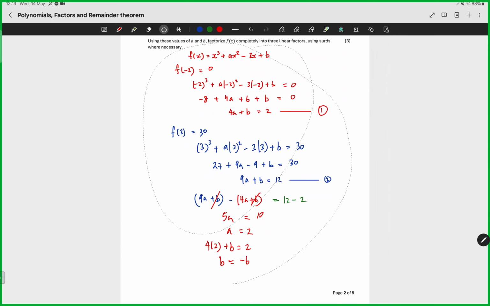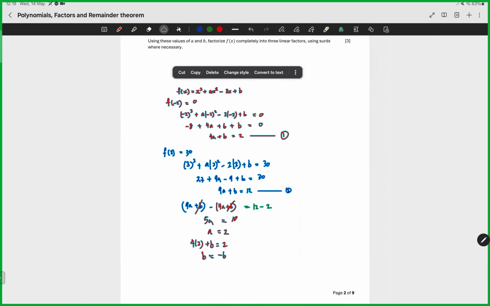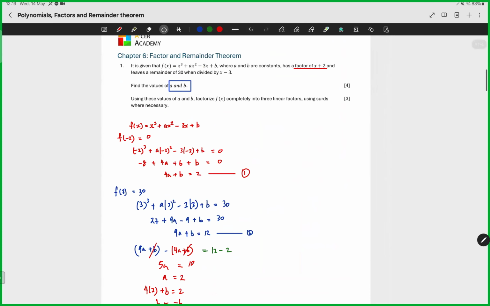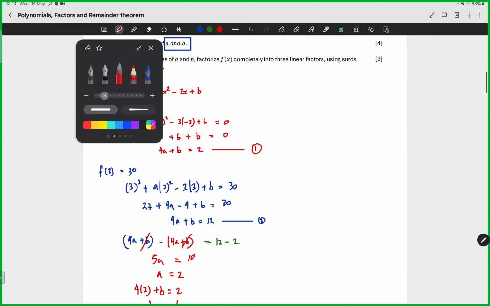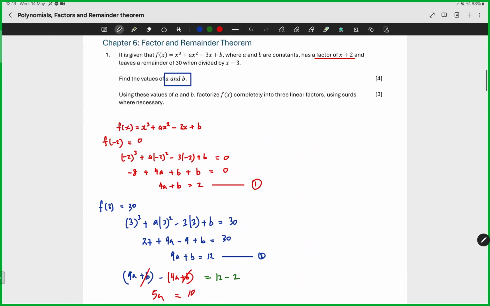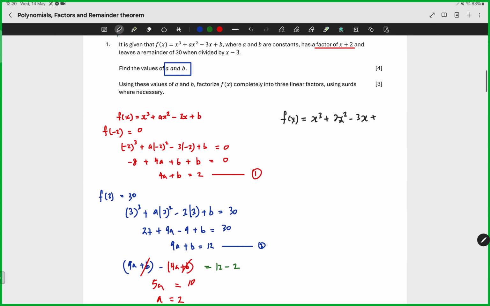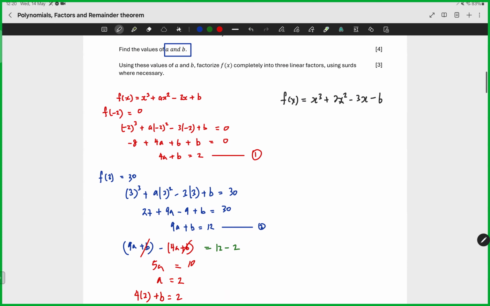I used a little bit more space, so let me downsize it. So that is part A. Now, part B, they say use the values of a and b to factorize f(x). So f(x) is now rewritten as x cubed plus 2x squared minus 3x minus 6. Now we'll have to key into the calculator to find out what factors we have for f(x).